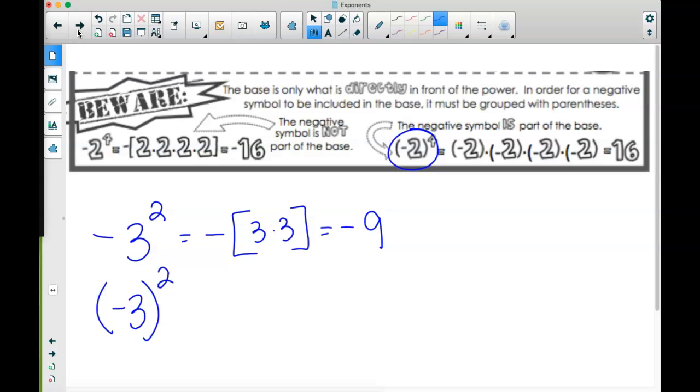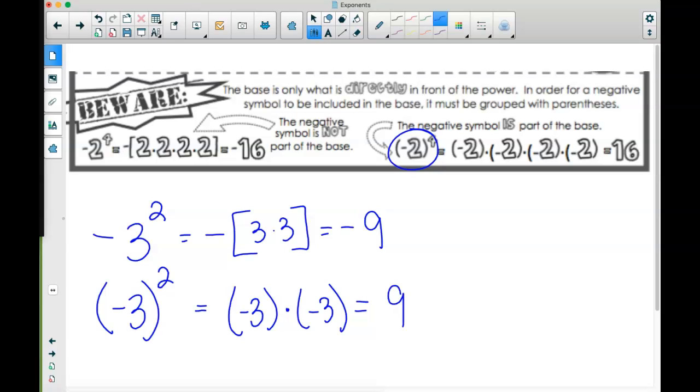The second one, because it's in parentheses, is negative 3 times negative 3, which is positive 9. Okay, so be really careful with negative signs. Does that make sense to everyone? Are you following that?